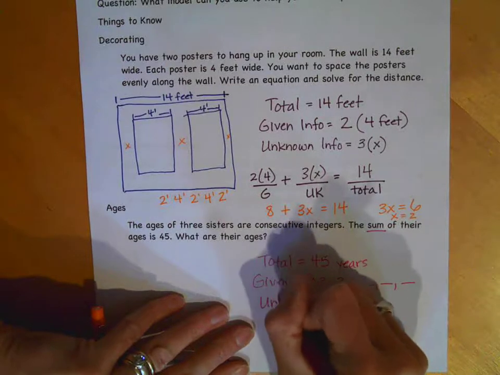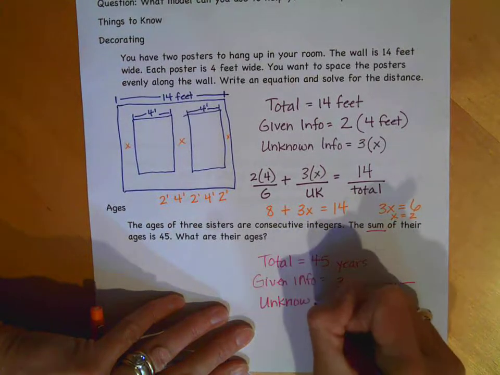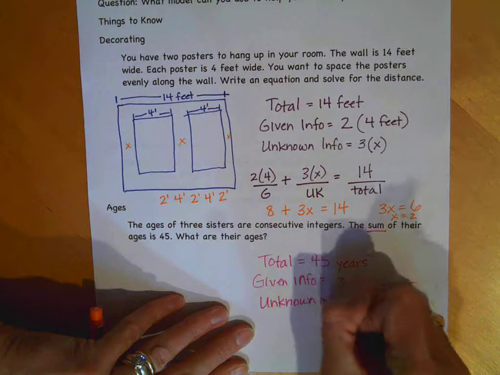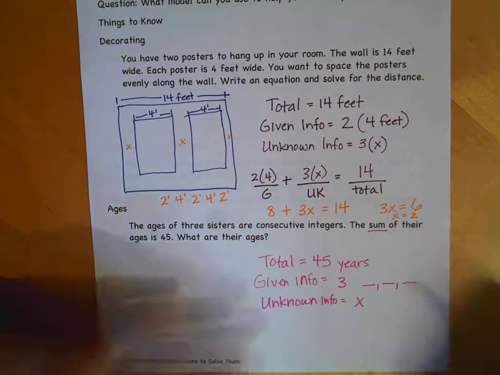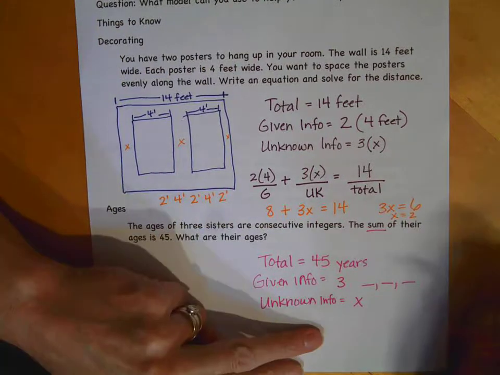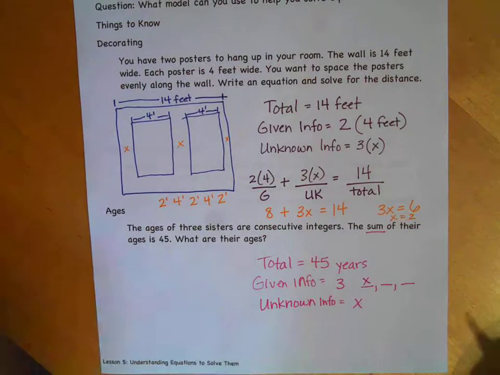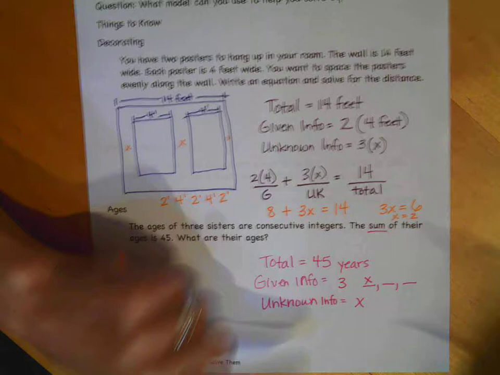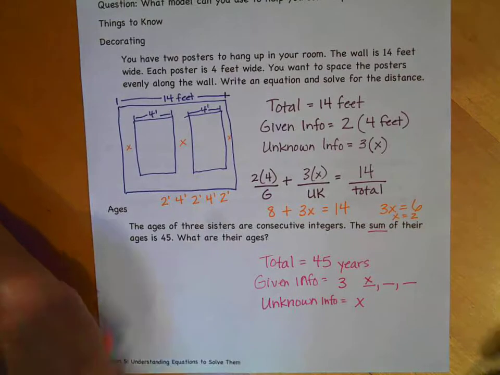Okay, and then the unknown info are the ages, right? So we're going to say X. Now consecutive means one right after the other. So if X is that person, let's say X is 7. Well, what's the number right after 7?